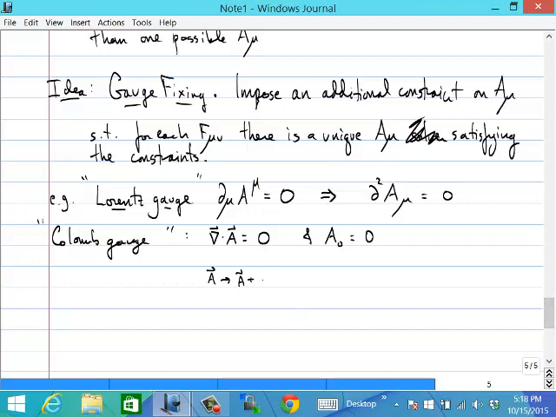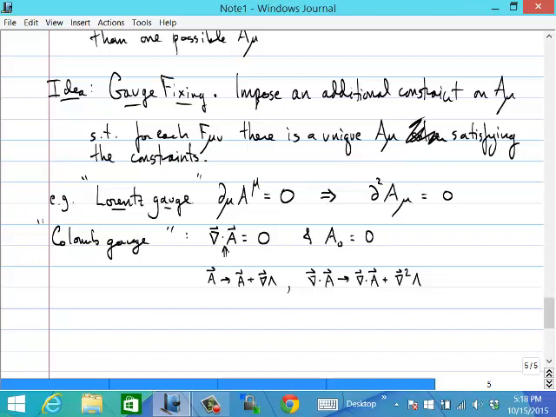It goes to A plus grad lambda, so that del dot A goes to del dot A plus grad squared lambda. If del dot A is not equal to 0, just choose lambda such that grad squared lambda cancels del dot A. That's how you impose that first condition.